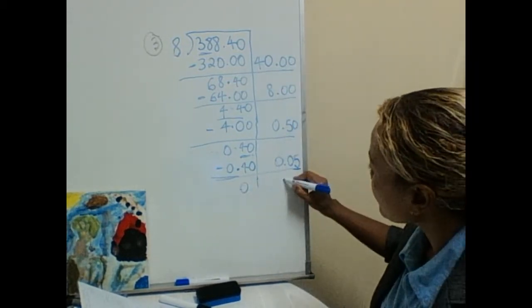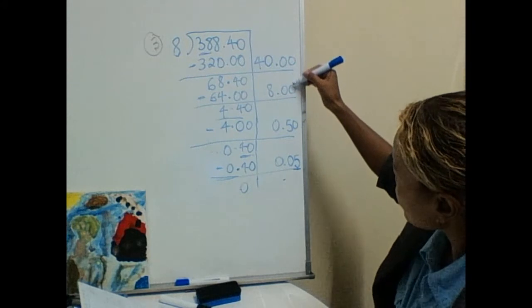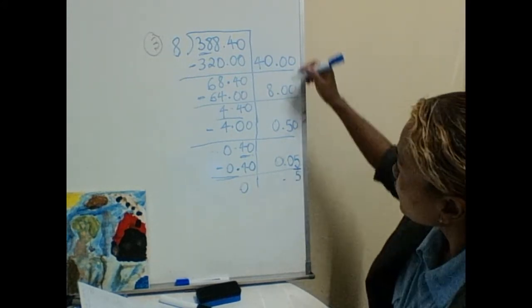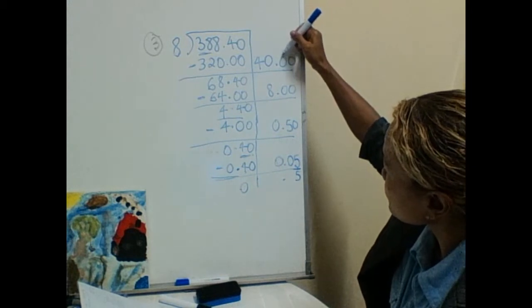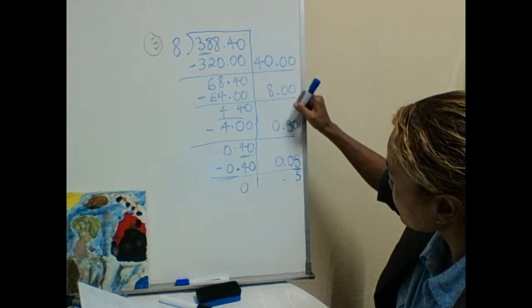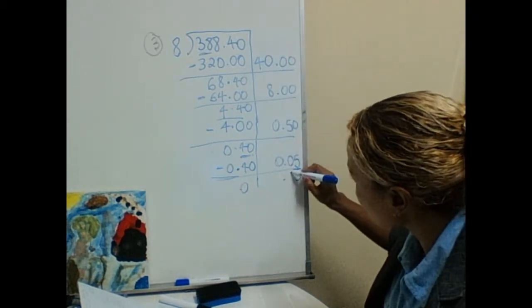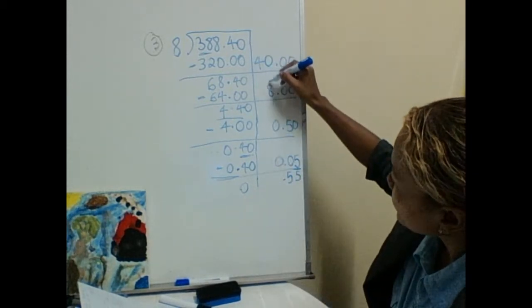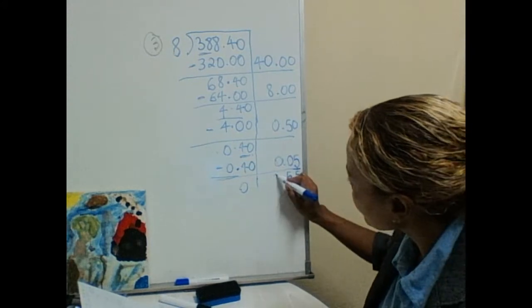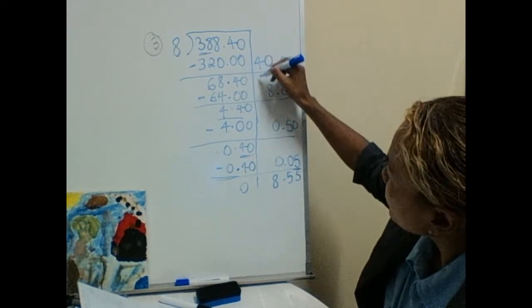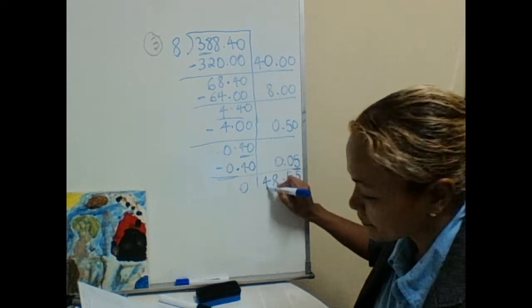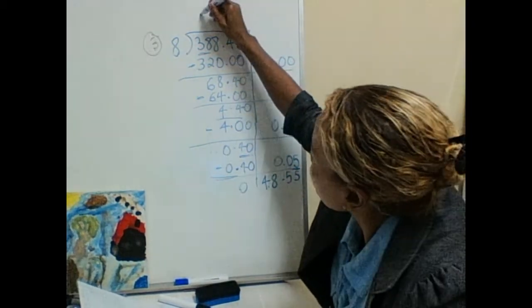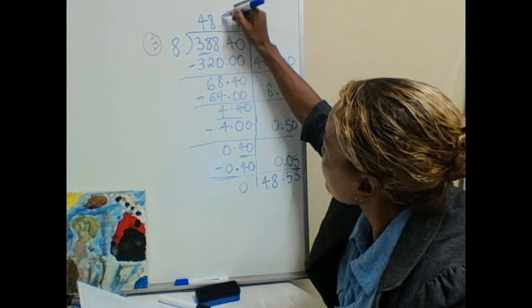Now if we follow the decimal point, one place to the right is 5 plus 0. And then 8. And then 4. 48.55. Let's put it up there.